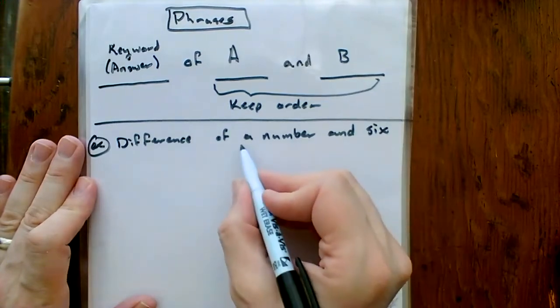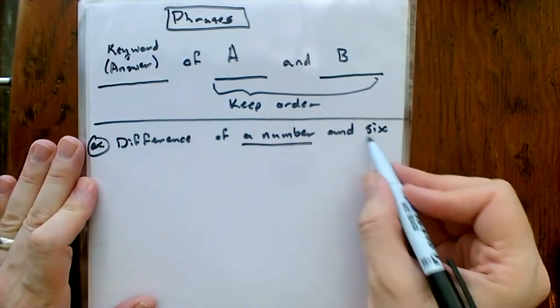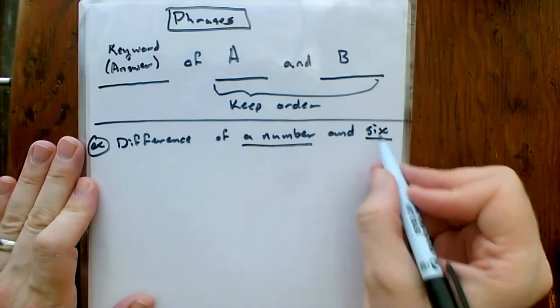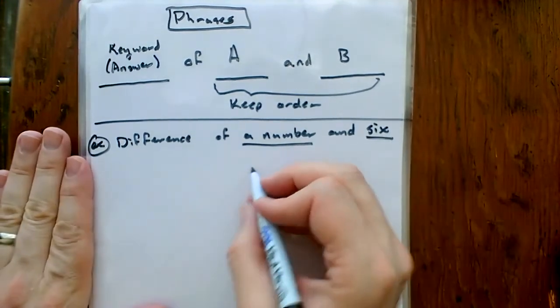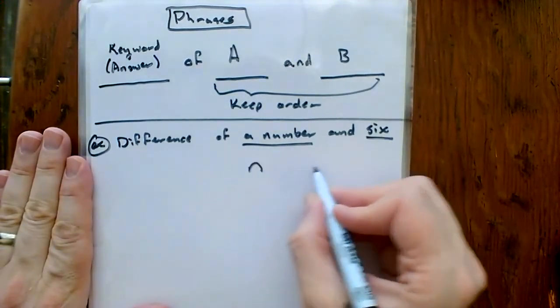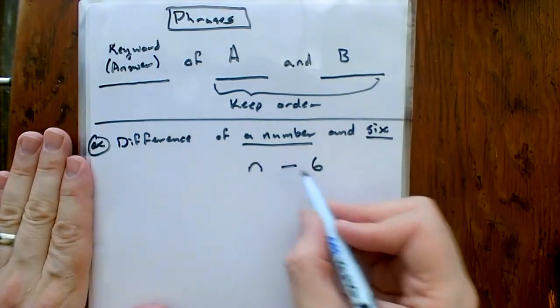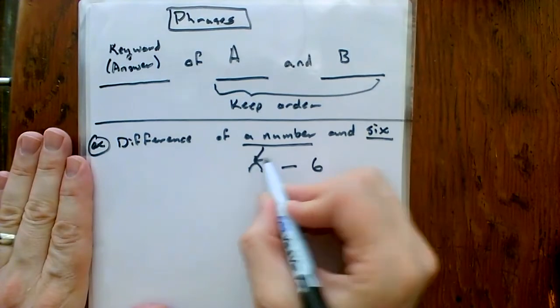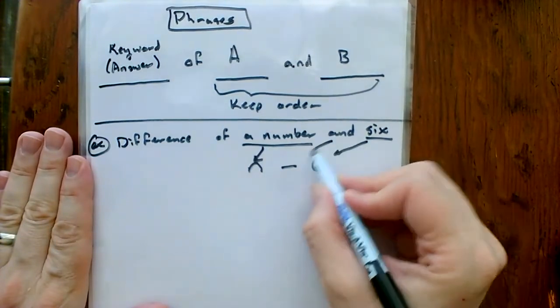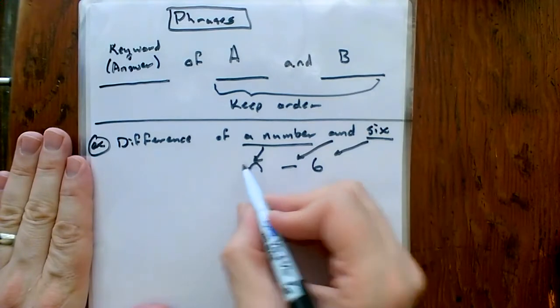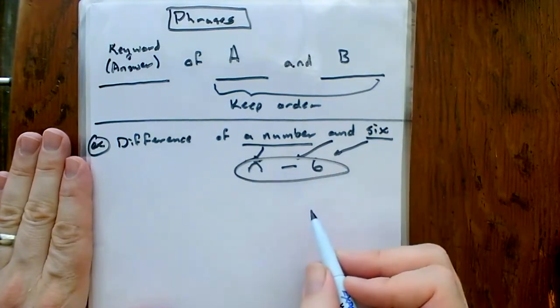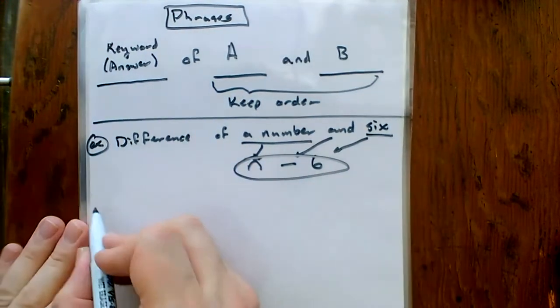A number is our variable. 6 is a constant. So this is just going to be a number and 6, and I'm sticking this subtraction right in between them. So literally, not to be crass about it, but the "and" tells us where to stick it. So I've got n minus 6. Just like that.